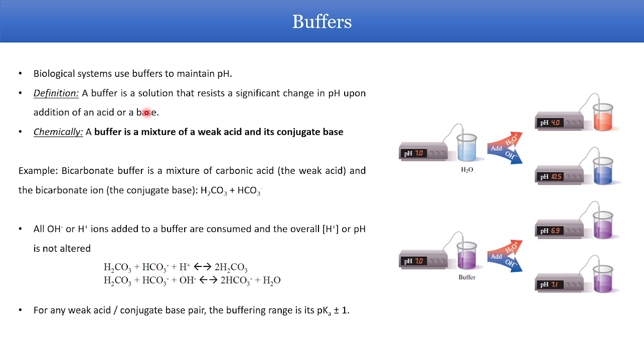We can think about it in that manner as well. So it is a solution that resists a significant change when we are adding a small amount of an acid or a base to it. Like when you see this, there is a sharp change when you are adding an acid or base, but in a buffer, it changes only a little. Fine. Now, chemically, it has a very high significance. Why?